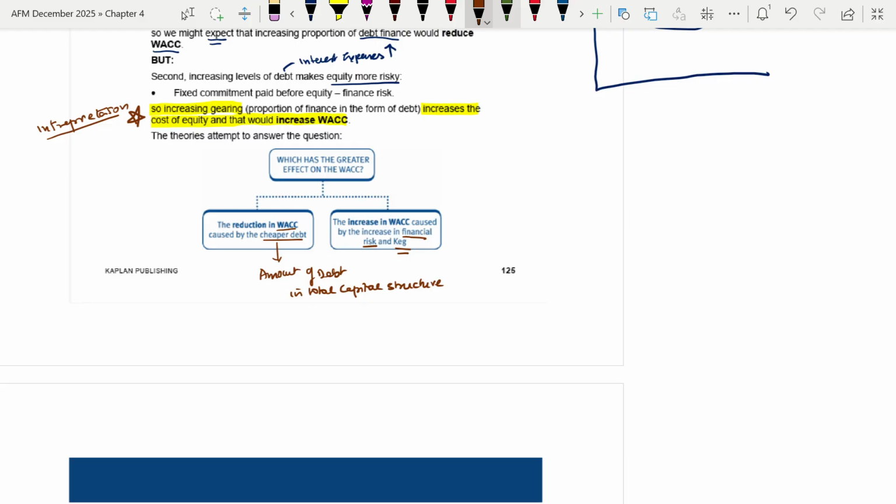If the weighted average cost of capital is increasing, your debt will increase and it will have an impact on your equity capital. When your debt is increasing, the most difficult part is what? It is your interest payments.